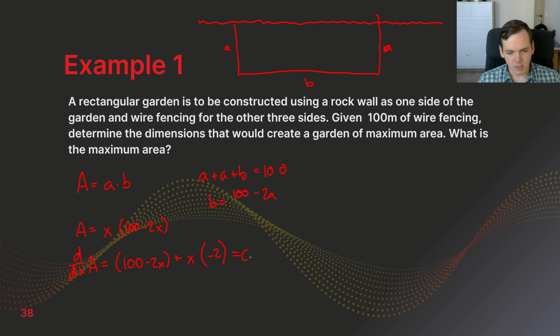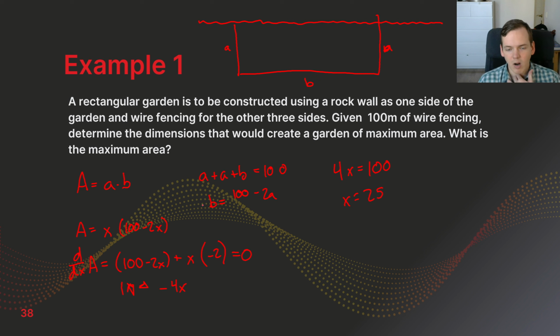And we want this to equal 0, because that's where our critical points will be. So we're going to get 100 minus 4x, so we get 4x is equal to 100. x is equal to 25.